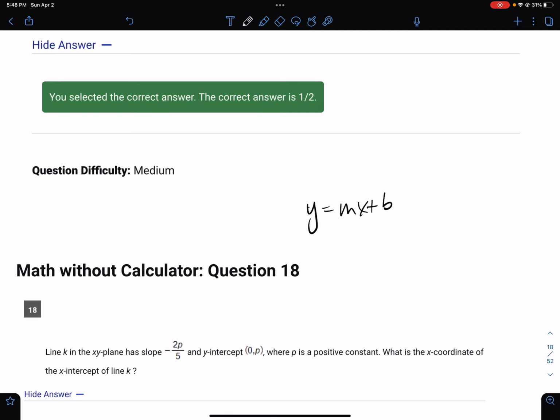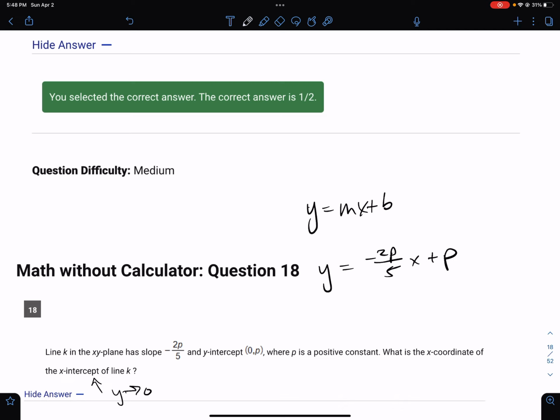Really, you have y equals negative 2p over 5 x plus p, where p is a positive constant. To find the x-intercept, you set the y to 0.